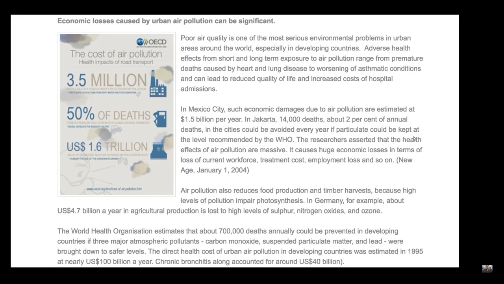It's one of the most, it kills so many people. It causes so many different diseases, heart and lung diseases, asthma conditions, right? Reduced quality of life, a decreased amount of life as well. And these increased hospital admissions, right? So we have this huge ill effect that we're paying for in the healthcare system because of air pollution.